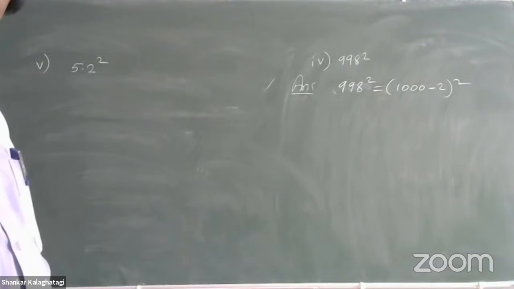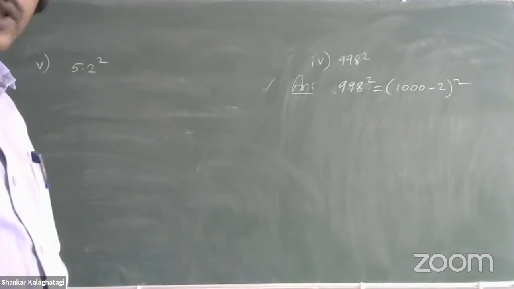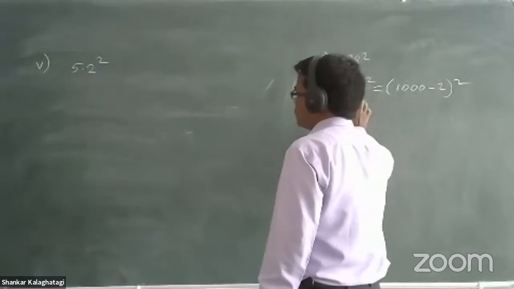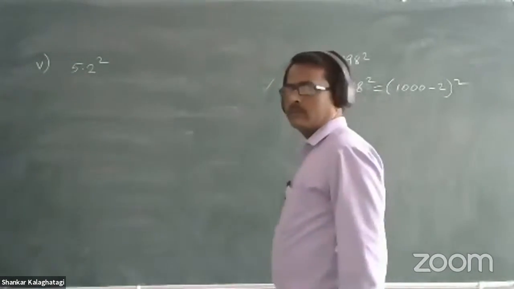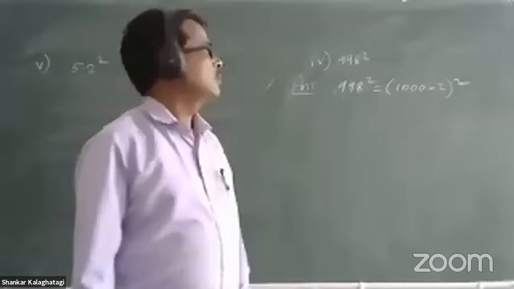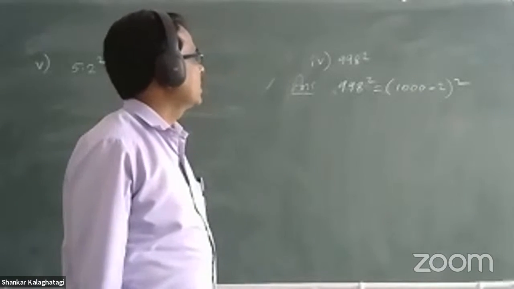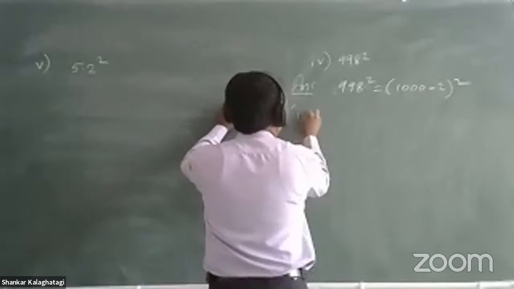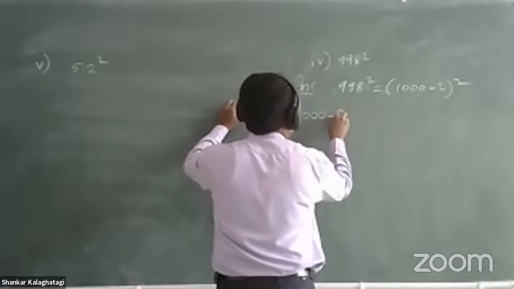Can I tell the fourth one? Fourth one, you tell me. 99,604, sir. 89,991, sir. Okay, we shall check now.